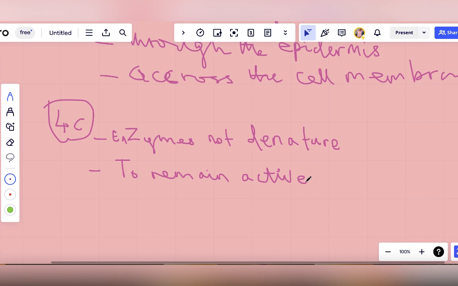So to remain active and work at their optimum temperature. You know, optimum is like the desirous maximum temperature, their optimum or best temperature for the system.